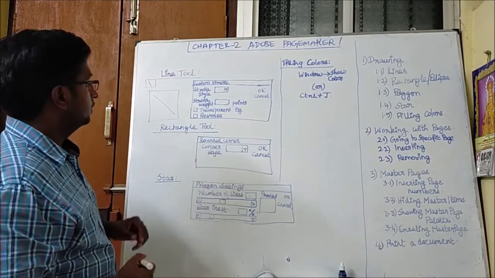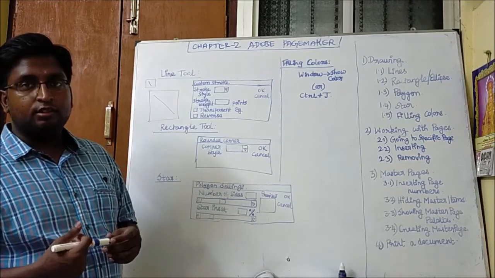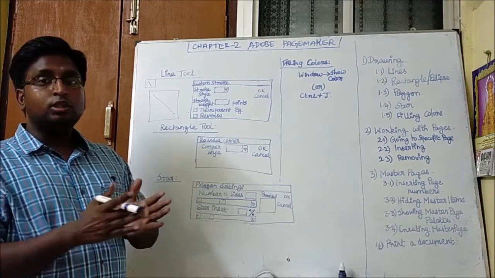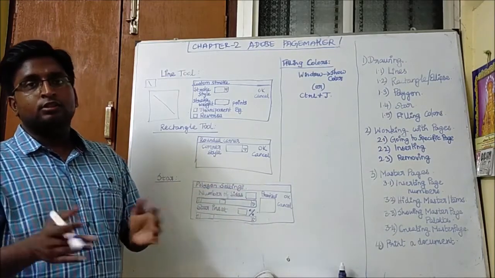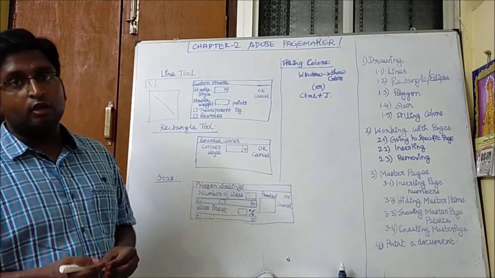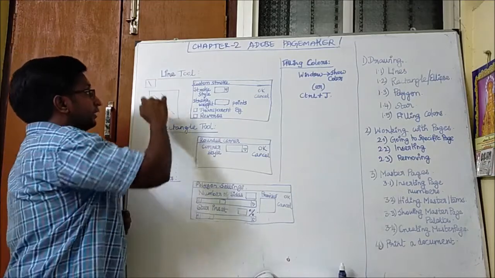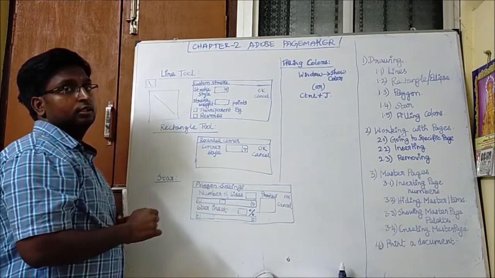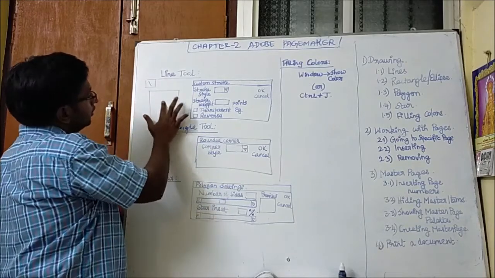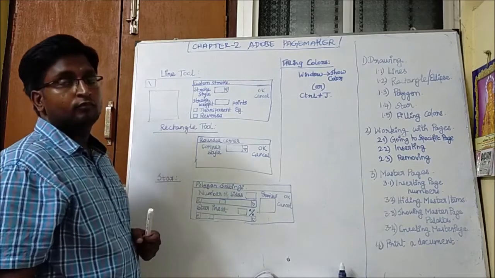If I want various styles in a line, for example a dotted line, a long dotted line, a short dotted line, we can also create those kinds of lines. By double clicking the line tool, a custom stroke dialog box will get opened.